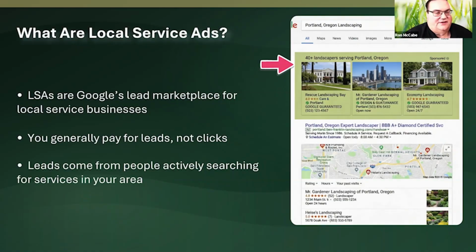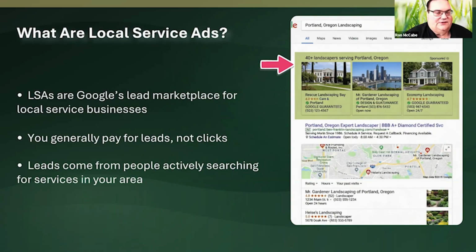So the benefit of that is that you're only paying for the people that actually contact you, not the people that might look at the ad but not follow through. And one of the things I like about local service ads is it comes from people actively searching in your area. Local service ads are based on your Google business profile.